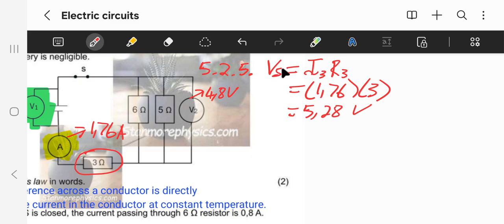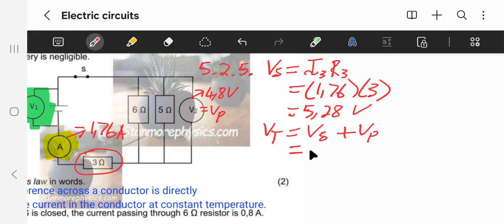So what we have now is the voltage in series, and then we also have the voltage in parallel, which is V2. So the total voltage is equal to the voltage in series plus the voltage in parallel, which is V2. I hope you understand that. Then I will combine the two numbers together.